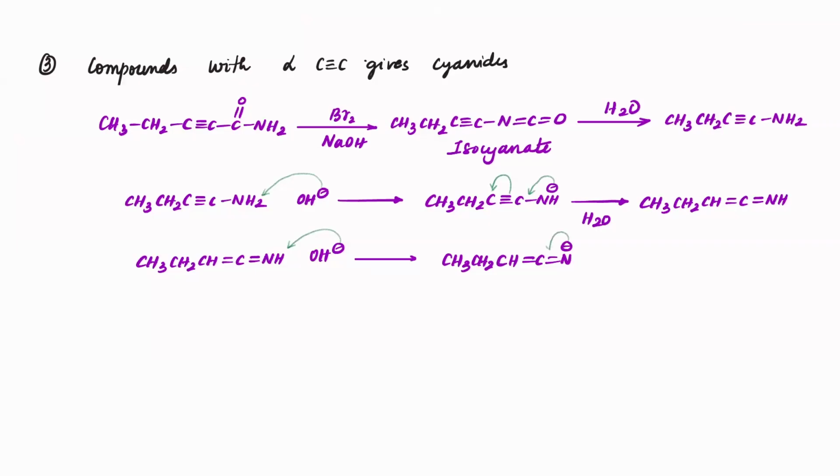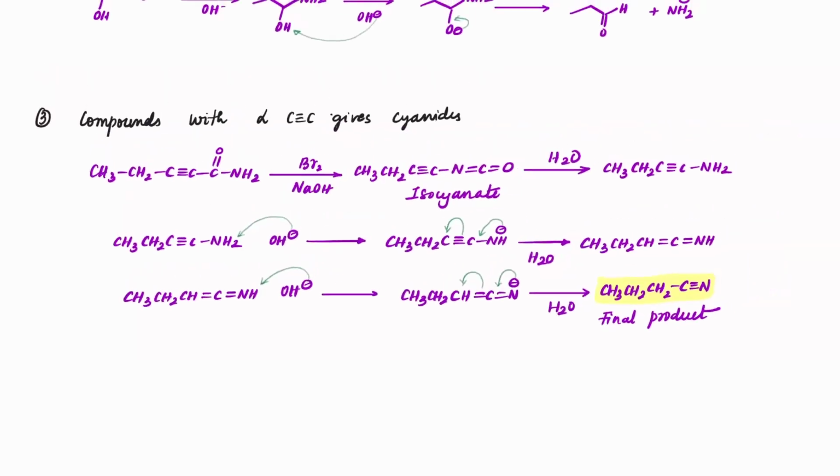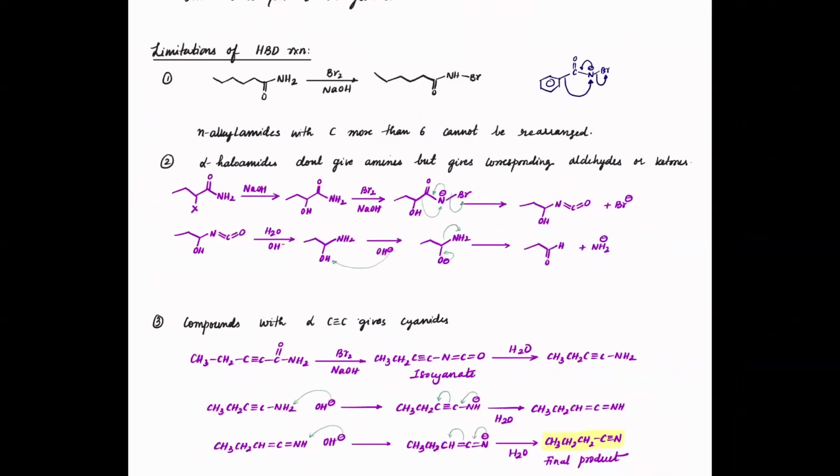That will be pushed again towards carbon, and carbon taking away H plus will convert into CH3 CH2 CH2 CH2 and C triple bond N. So what are we exactly getting here? Cyanide. So this is the final product that we will report. Instead of amine, we are getting cyanide. So I suppose you found out the important limitations in this case.